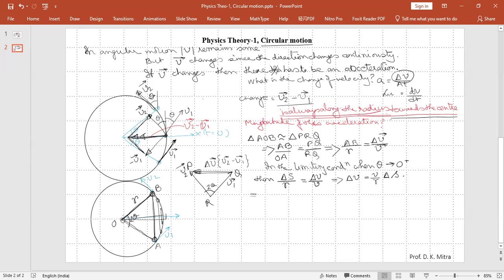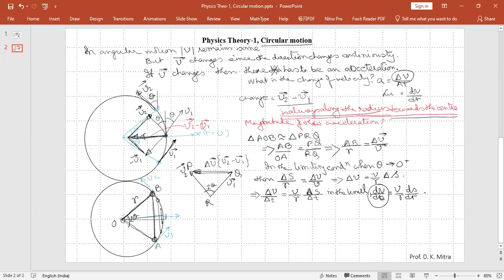So from here, if we divide both sides by del T, because we have to find out the time differential, del V by del T is equal to V by R del S by del T. And in the limit, dV by dt is equal to V by R ds by dt.